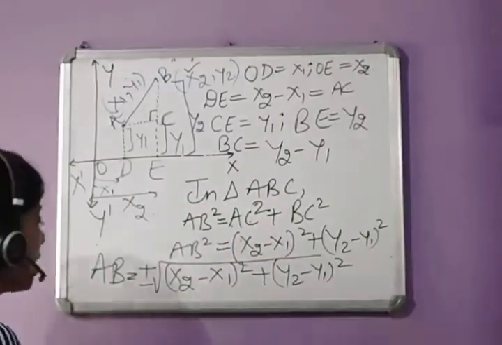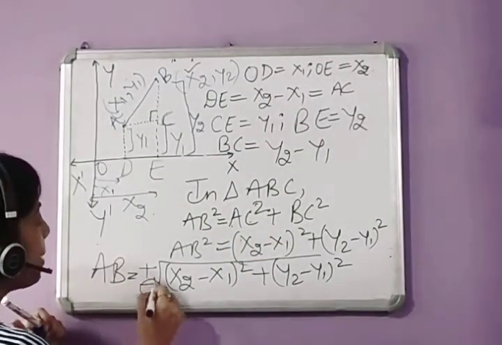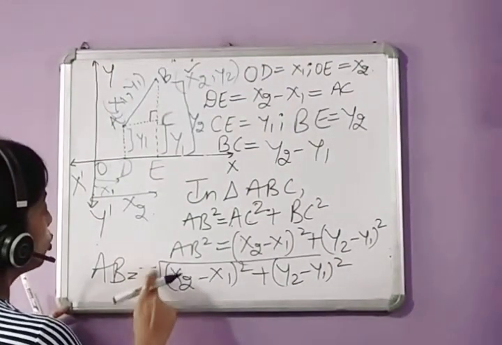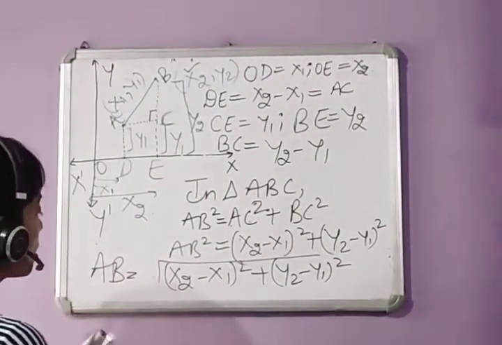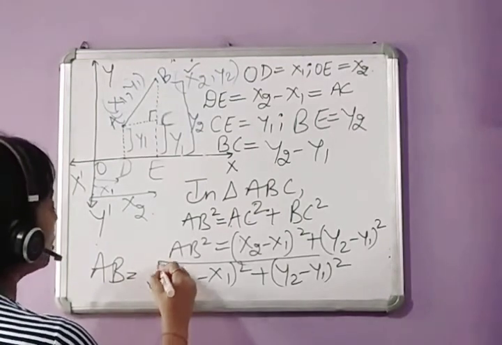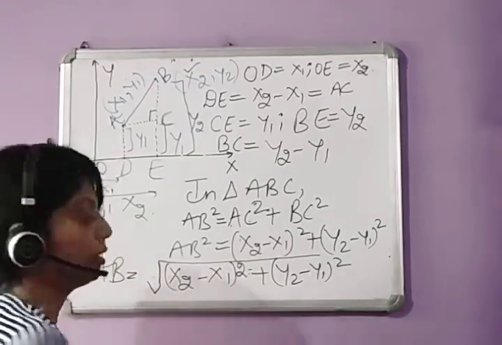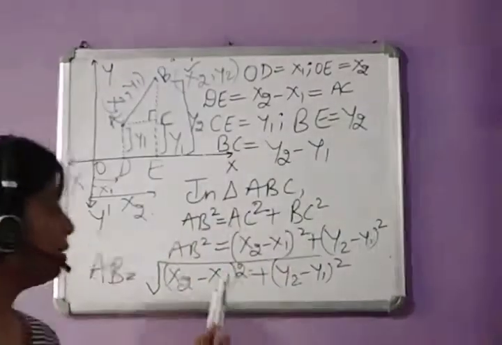So it should be positive. So I will only write under root (x2 minus x1) whole square plus (y2 minus y1) whole square. This is my distance formula.